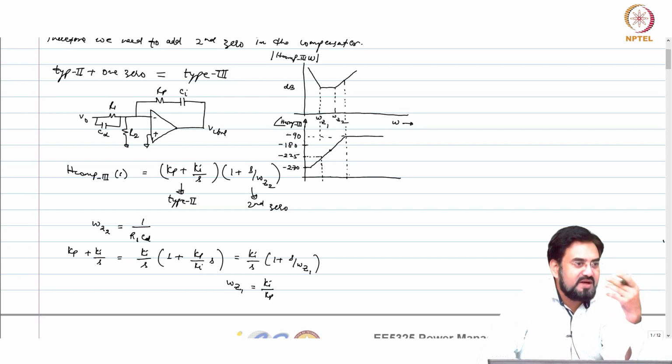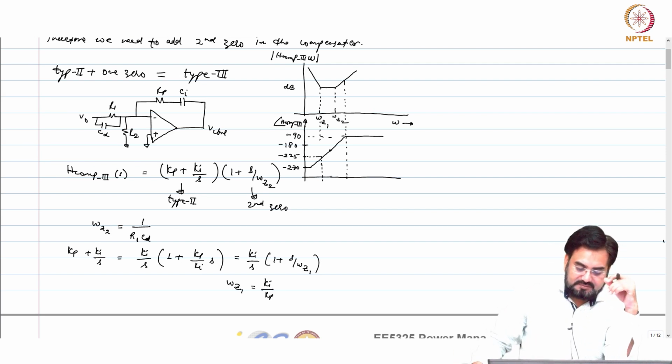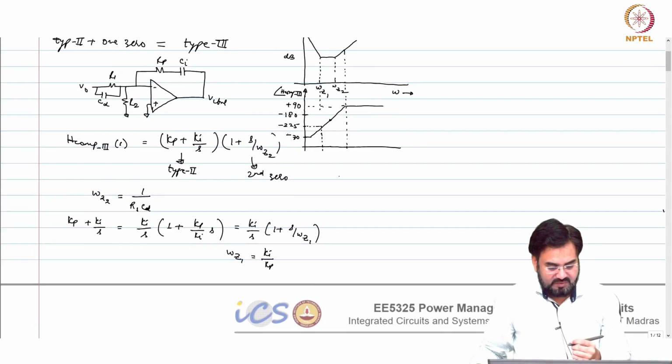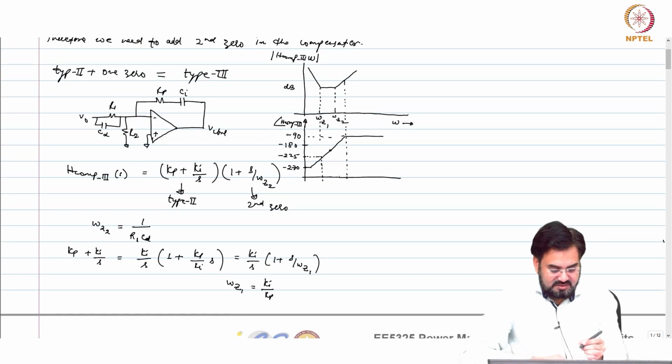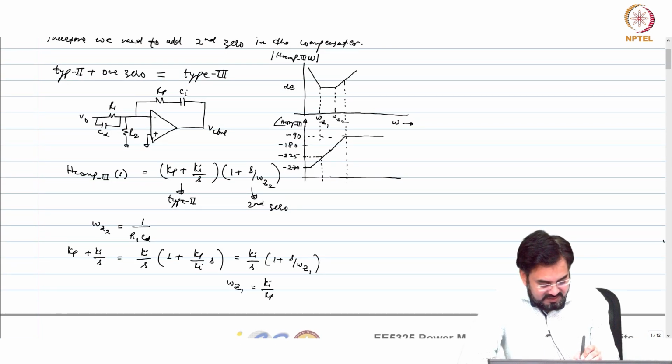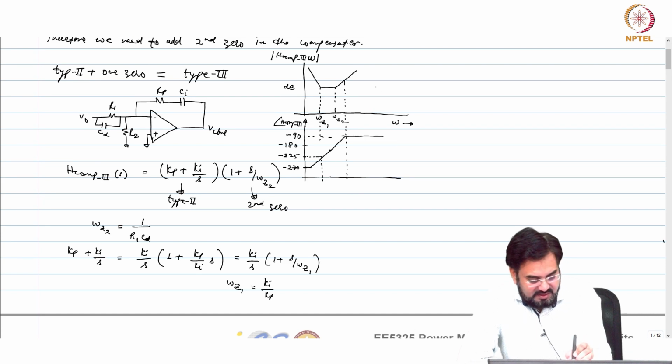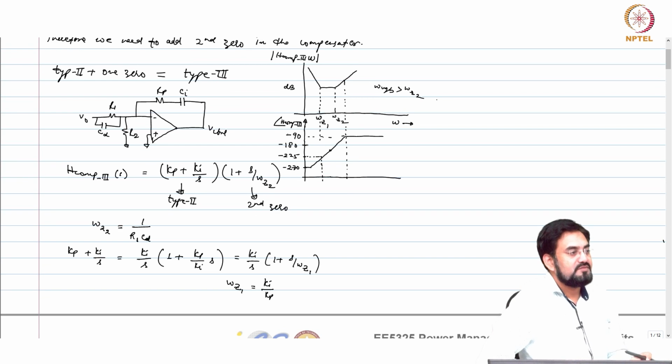If you have one decade of difference, then you will get almost 90 degrees of phase boost, and that will define your phase margin. So your omega UGB is greater than omega Z2.